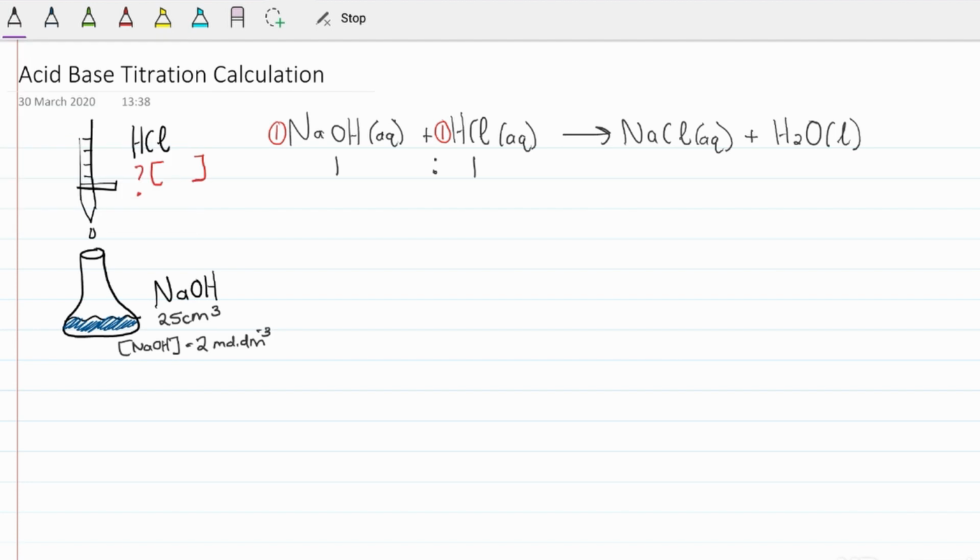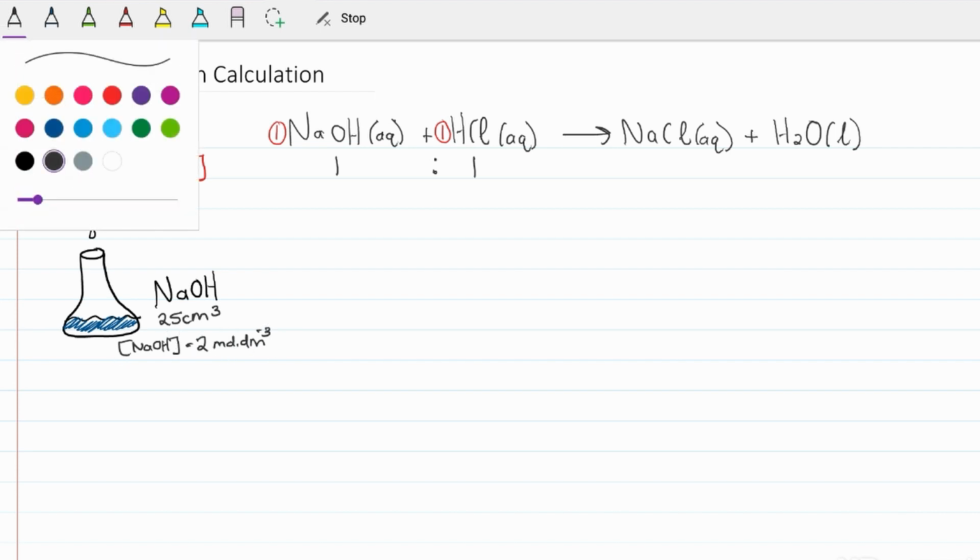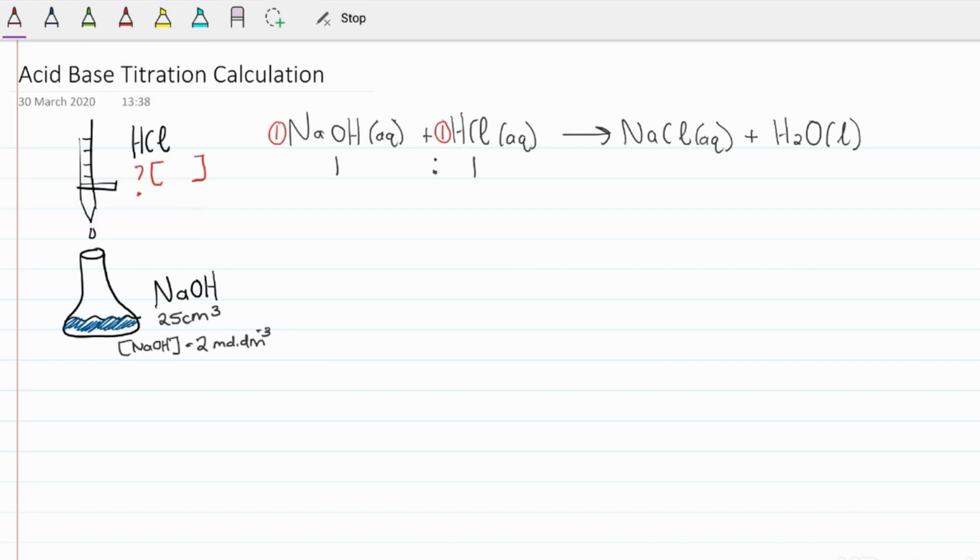Then let's look at what other data we have. In my Erlenmeyer flask I have 25 cubic centimeters, and the concentration is 2 moles per cubic decimeter. That was my standard solution. With this information, you can now work out the moles of your sodium hydroxide.